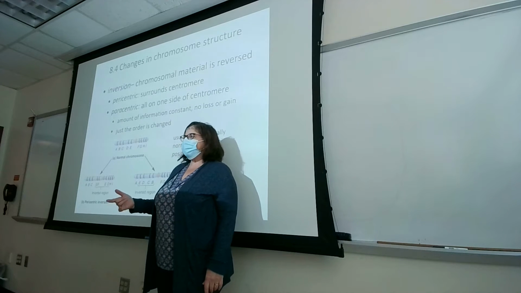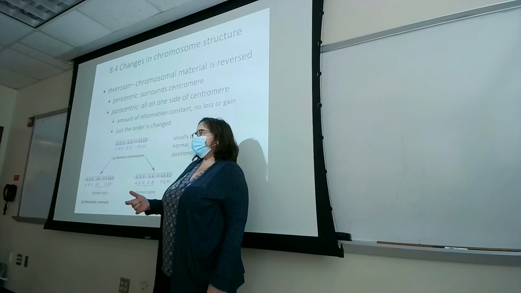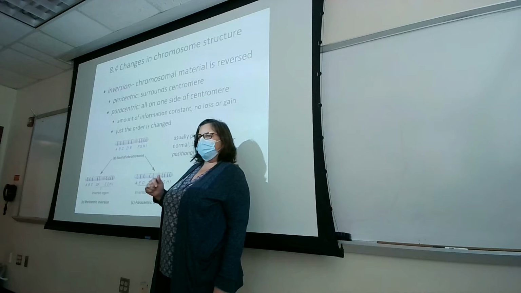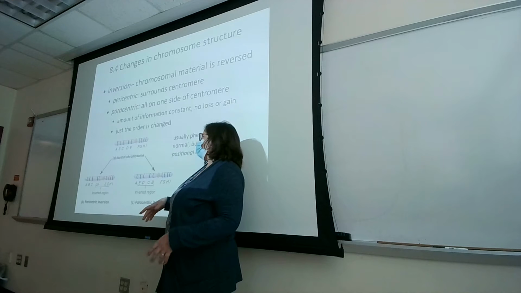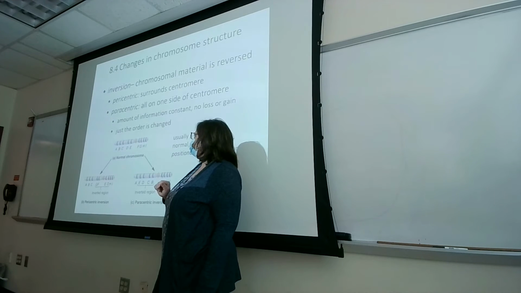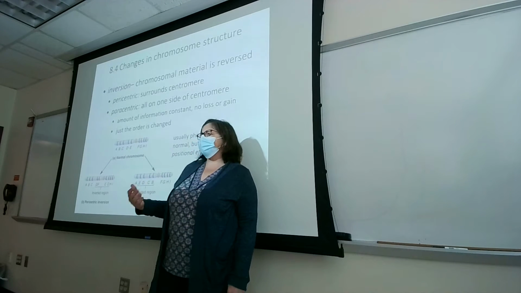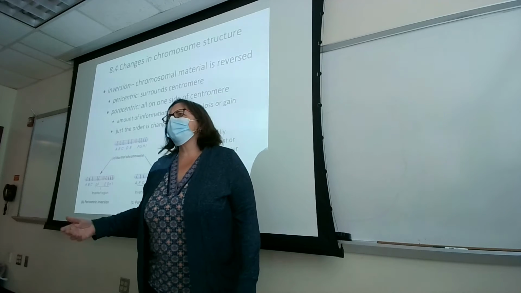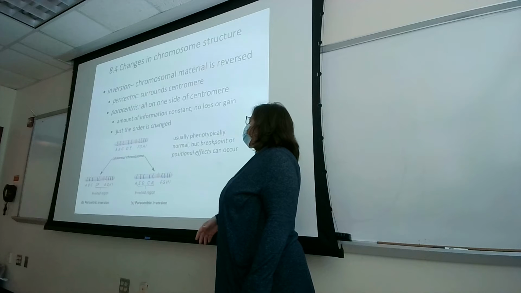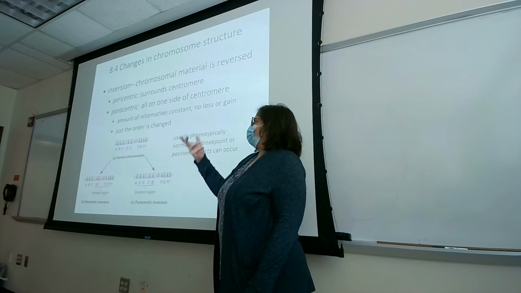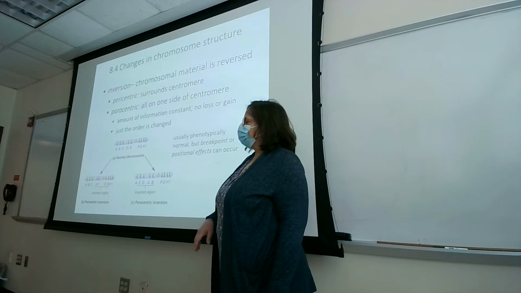They sound similar to each other, so it's hard to remember which one is which. But if you remember the word perimeter, that tells you it's around the centromere. So all we're talking about is the order getting changed. We're not deleting, we're not duplicating, we're not doing anything else, but just flipping it upside down.